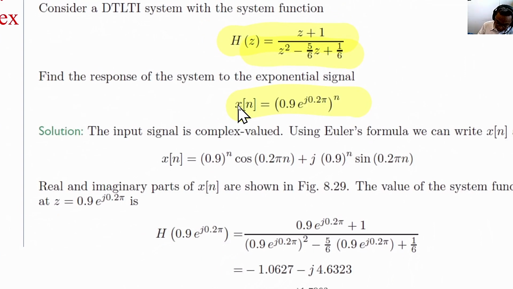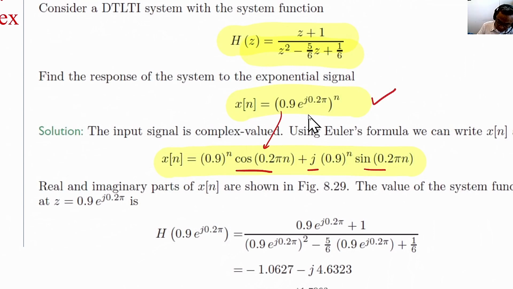If you prefer to visualize the complex exponential as cosine plus j sine, then this is the same, but we do not need to do that. Actually, it is preferred that you work in the polar notation of 0.9 or complex exponential notation in this way.